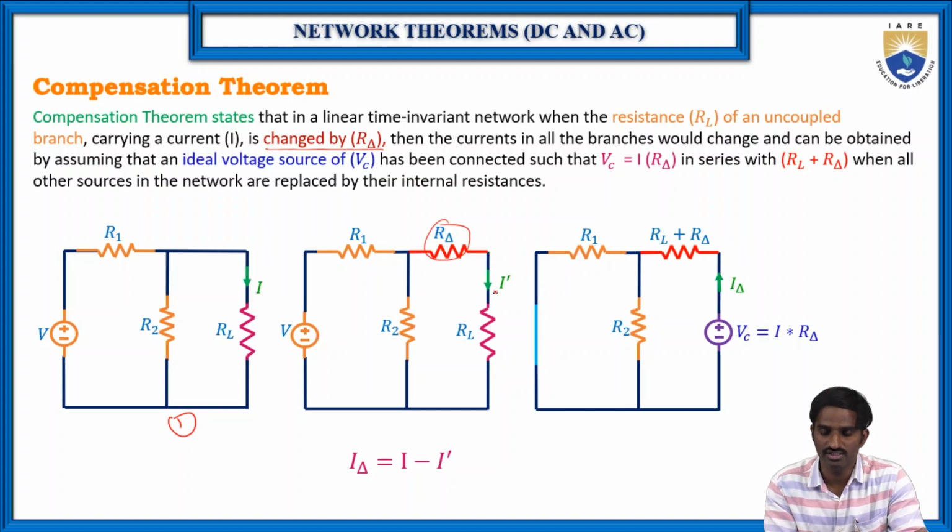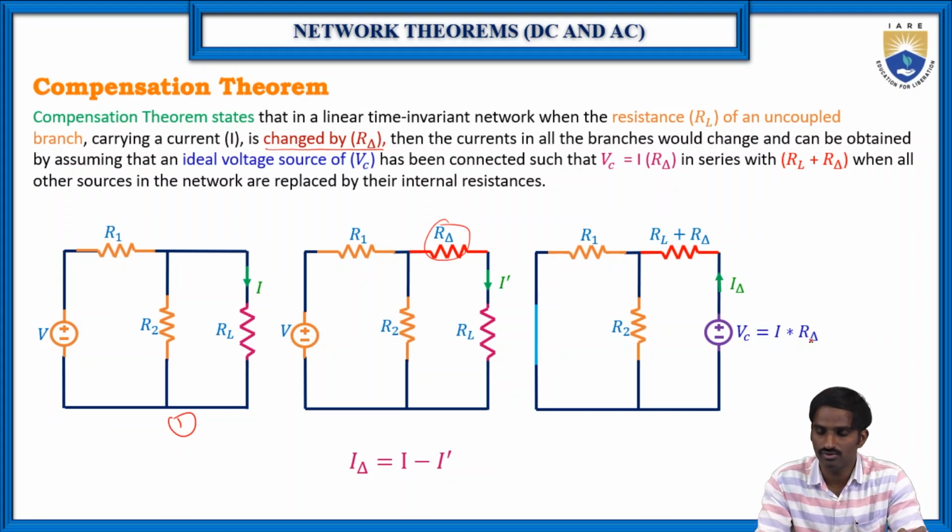So let us consider the change in the current to be I dash. That means the current in all the branches would be changed and can be obtained by assuming the voltage source VC, which is equal to I into delta R. Here I is actually the current flowing through the RL before connecting the delta R, multiplied by the resistance that we have placed here.